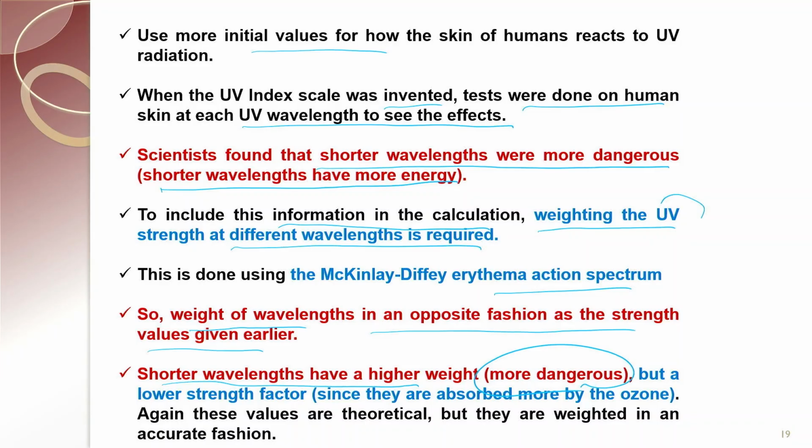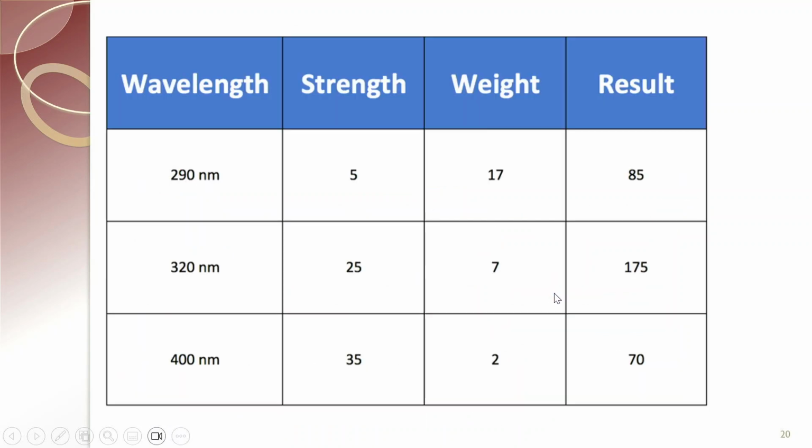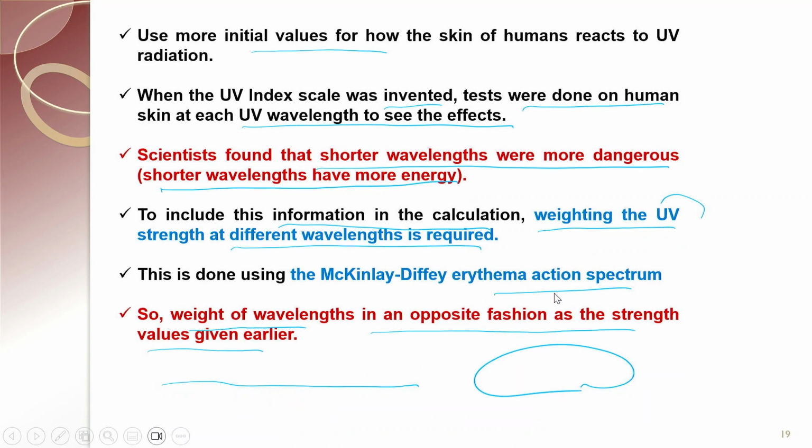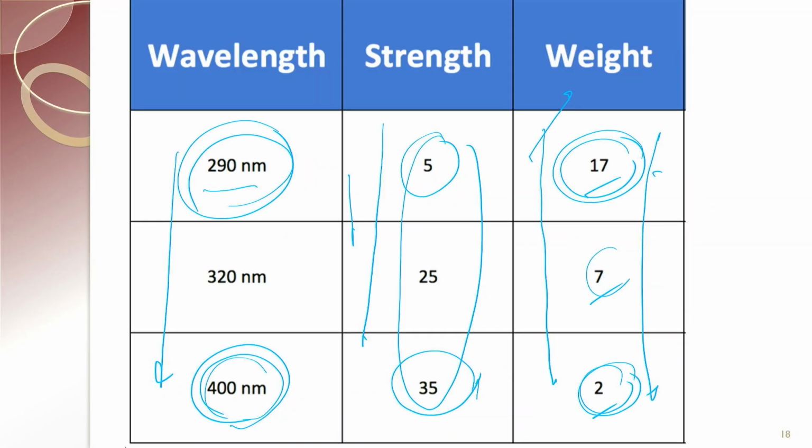So, two aspects are there: strength means how much quantity is coming, and the weightage means how dangerous it is. Let us go back once again to the previous slide.